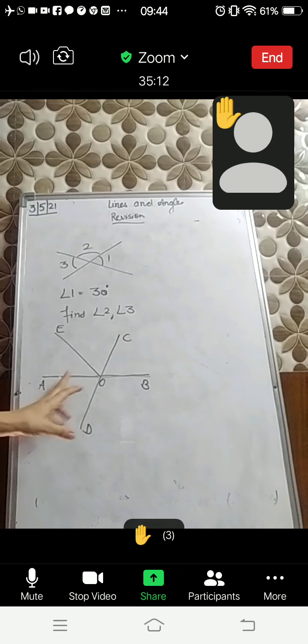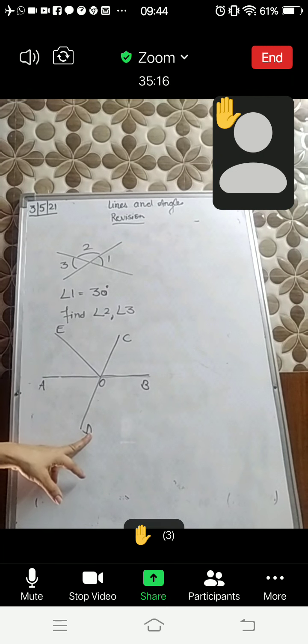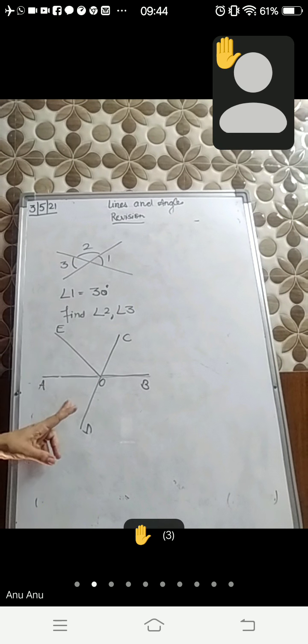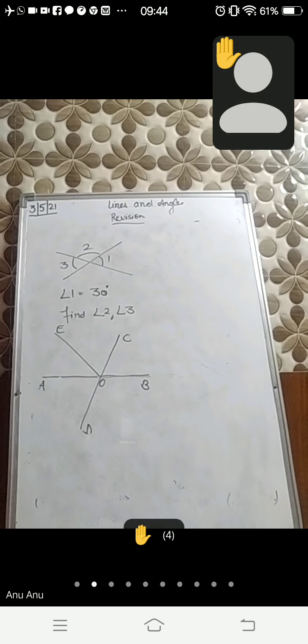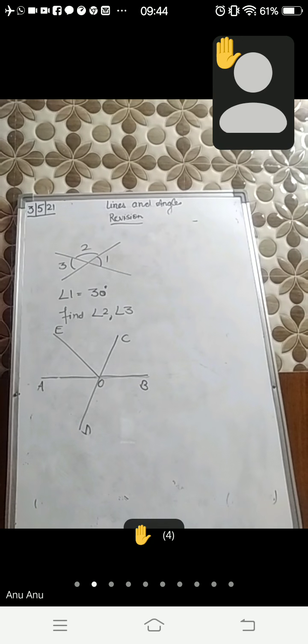One minute. AOD, beta, one by one. AOD and they are forming a linear pair. AOD and AOE. What are you speaking, Lakshay? Linear pair means the two angles which give you a sum of 180 degrees.